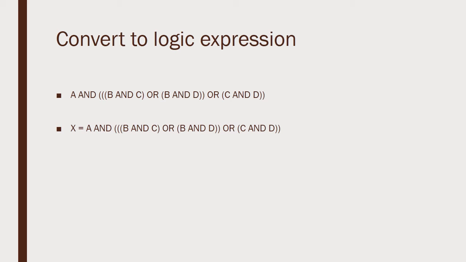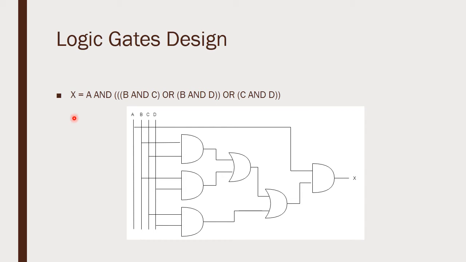The next step is to actually draw the logic gate. I copied the entire expression up here so it's easier to see. My method of drawing the logic gates may be a little different. I don't usually put A, B, C, D on the left. I prefer to put them on the top and draw straight lines down. Then I look at the expression.